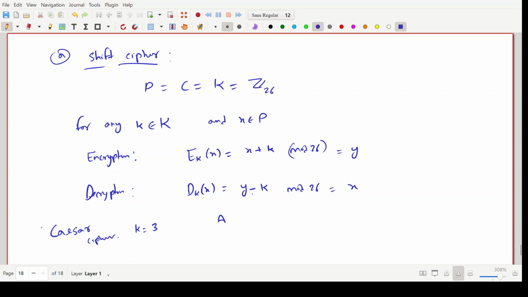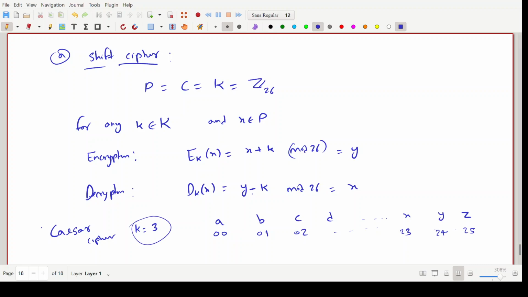That means I'm having A, B, C, D up to X, Y, Z. Let me write small characters. The positions are 00, 01, 02, and so on, this is 25, this is 24, this is 23. What he said is your key is 3 here.